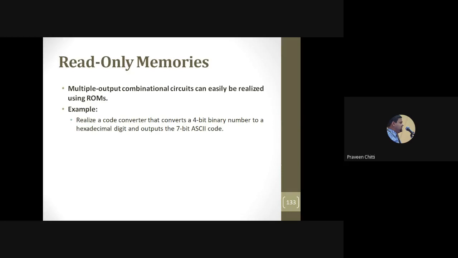The ASCII value of 0 is how much? 48 in decimal. And if you convert that 48 to hex, it becomes how much? The ASCII value of 0 is 48 decimal, which in hexadecimal is how much? 16 3s are 48.